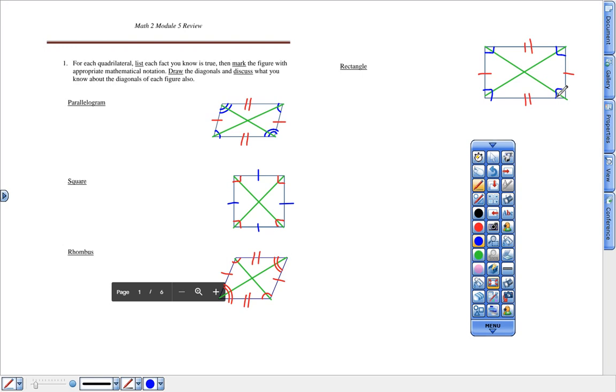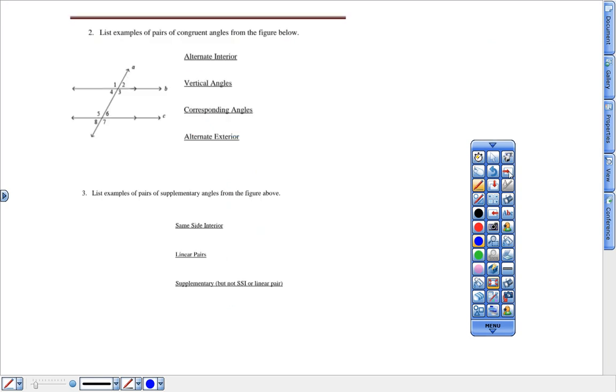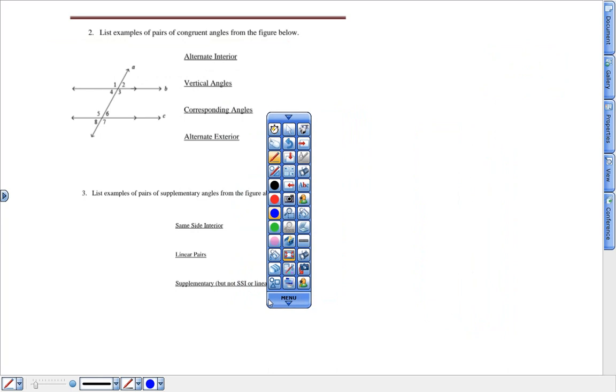All right, moving on. This problem right here, they want you to know these terms. Alternate interior means these angles on the inside, but on alternate sides of that transversal. Remember, this is your transversal right here. These are all your interior angles.